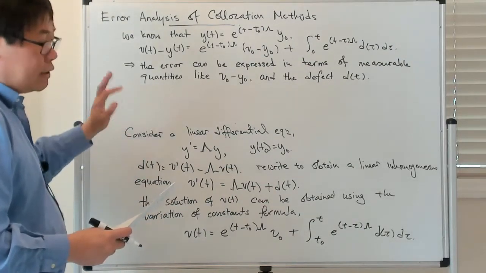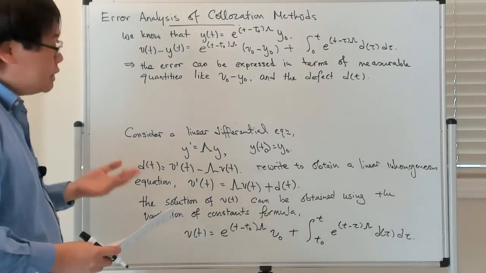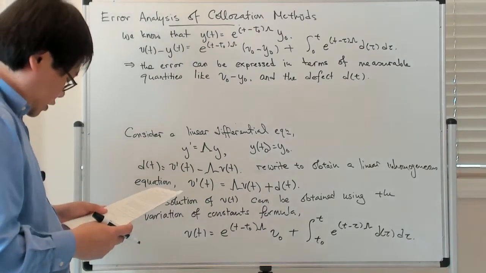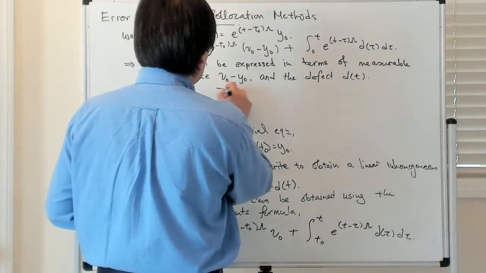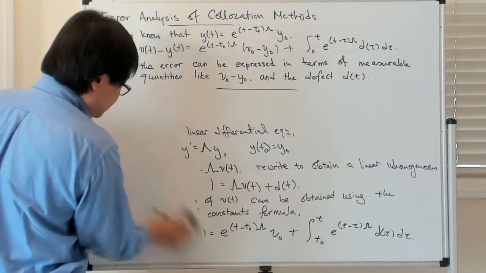Then the question is to what extent you can generalize this kind of reasoning to the case of a nonlinear differential equation. So let's see what happens in the nonlinear setting.